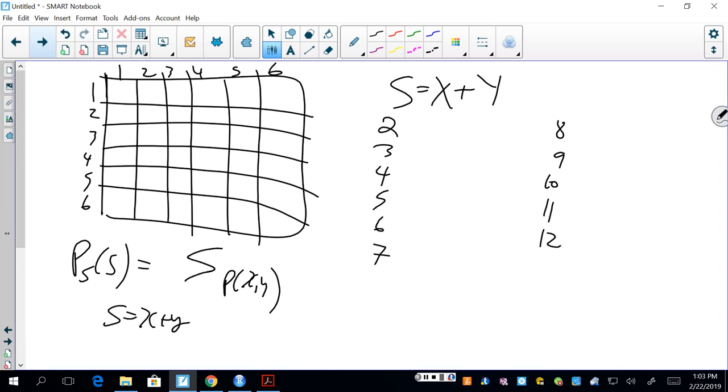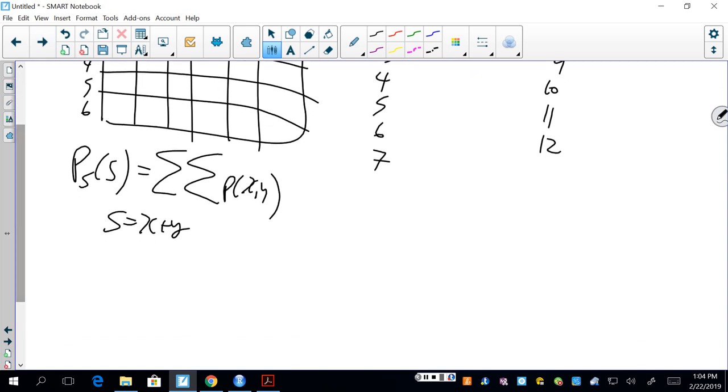So the probabilities really are this double summation over different values of x and y such that they equal the sum. So here we're adding over the set of x and y such that x plus y is the sum that we care about, that we're asking about.